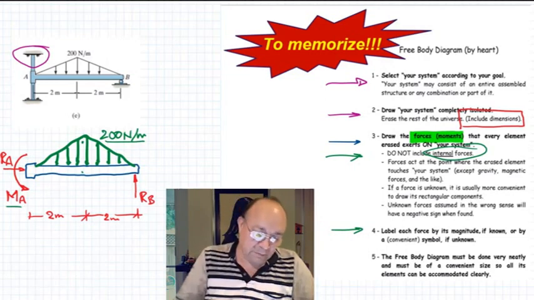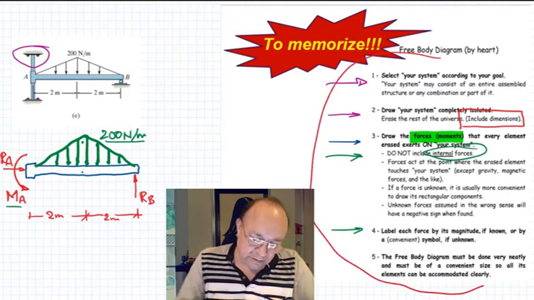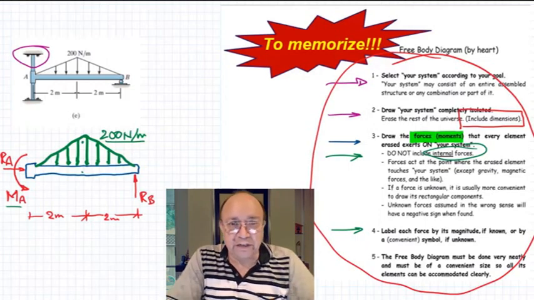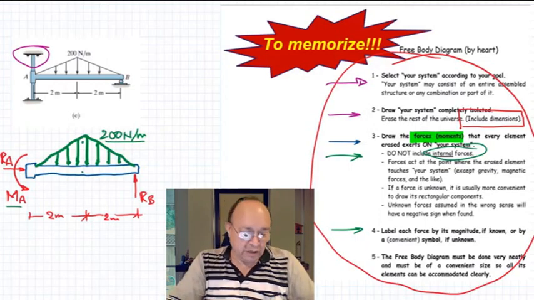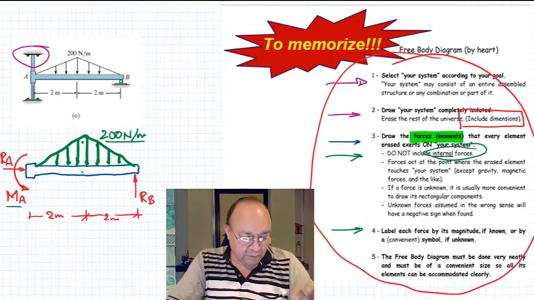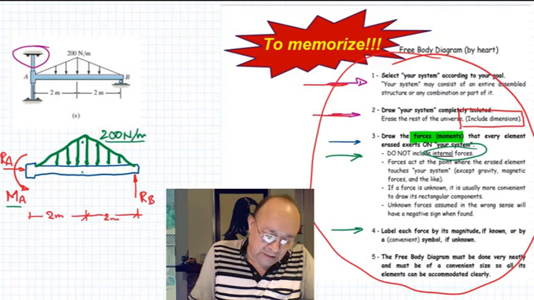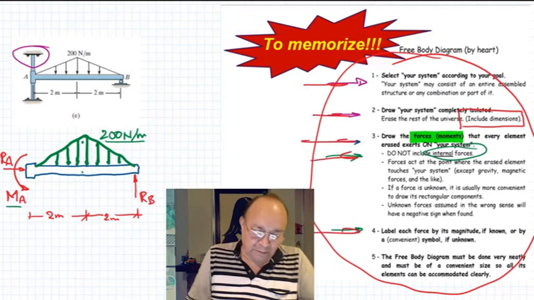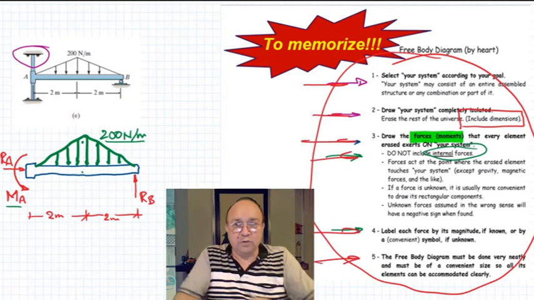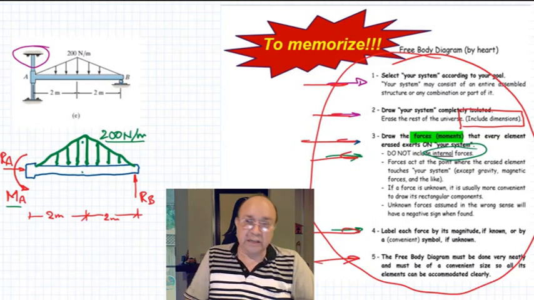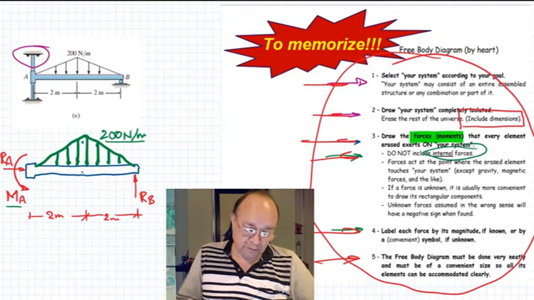So these are the steps to produce a good free body diagram in order to set up the right equations to solve the problem. Every problem of this kind has to have a free body diagram, and you should memorize these steps in order to create a successful free body diagram and a successful solution of a problem.